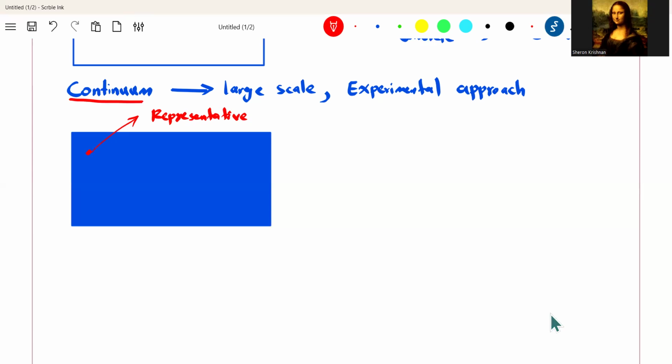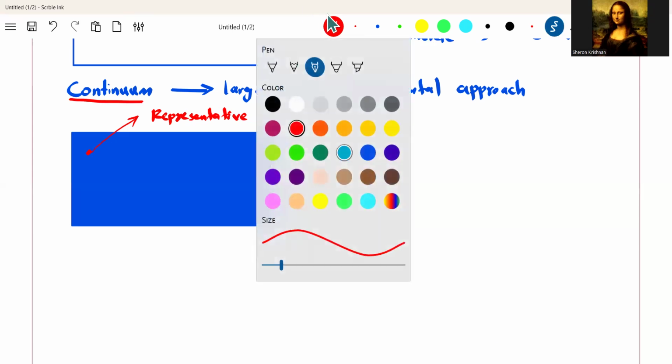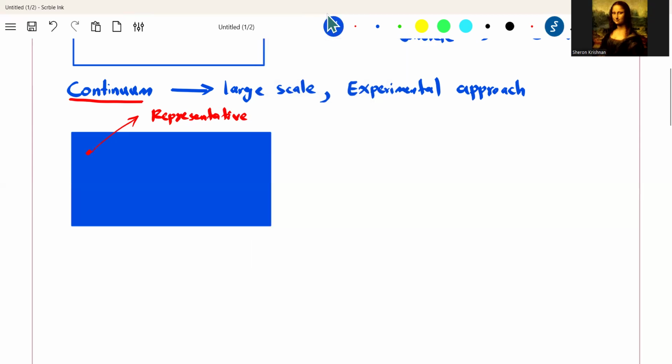Okay, so now we have discussed the meaning of continuum. Now we will move on to continuum mechanics. What is continuum mechanics? Continuum mechanics studies the material by applying two concepts.